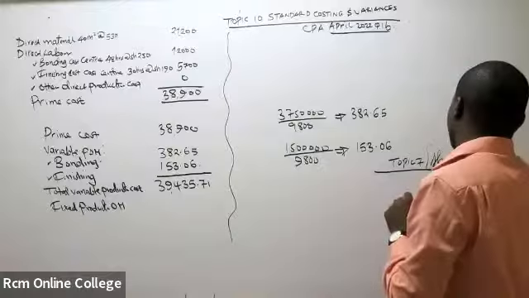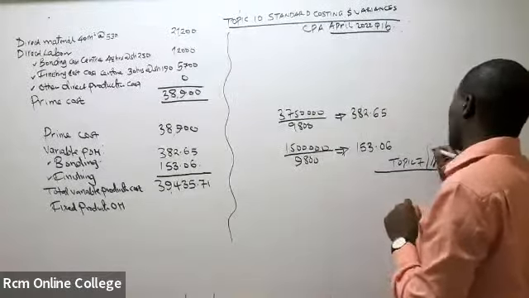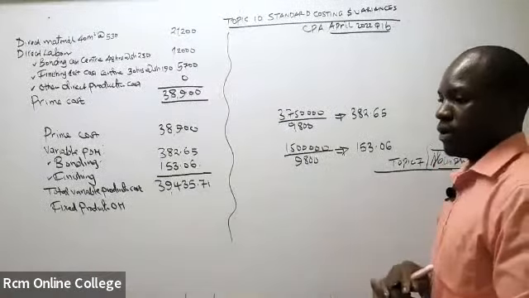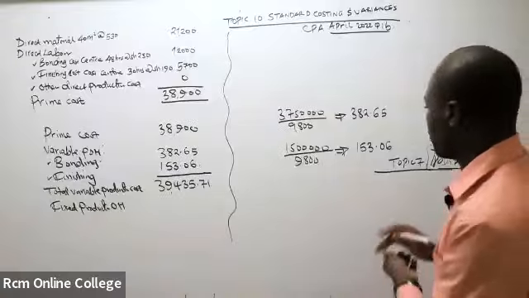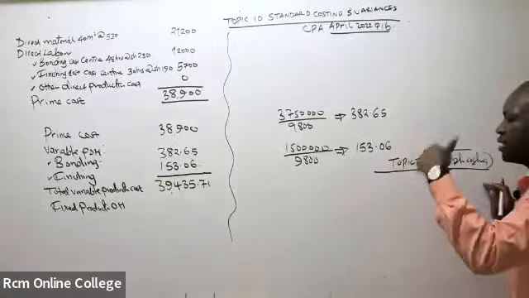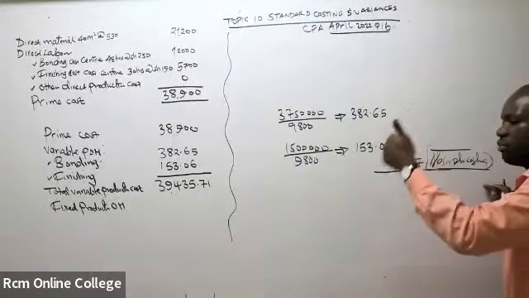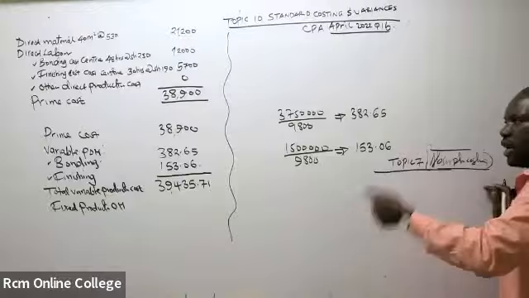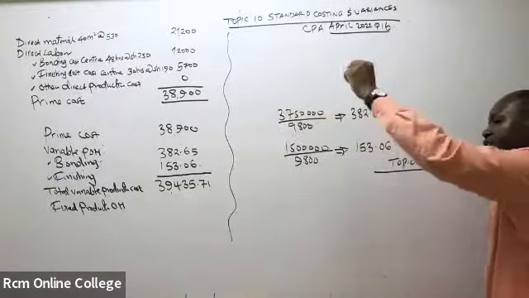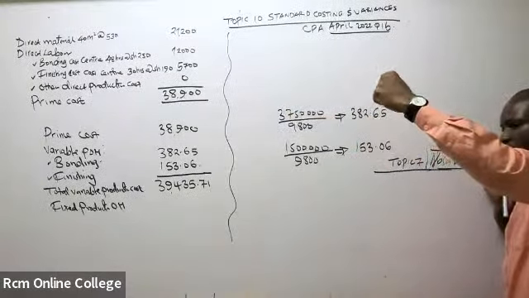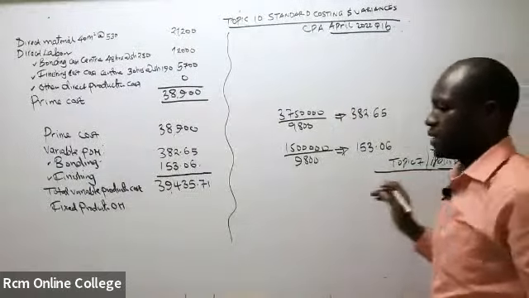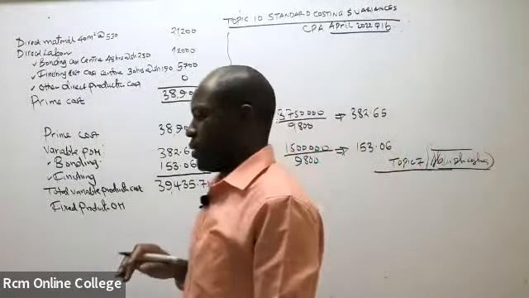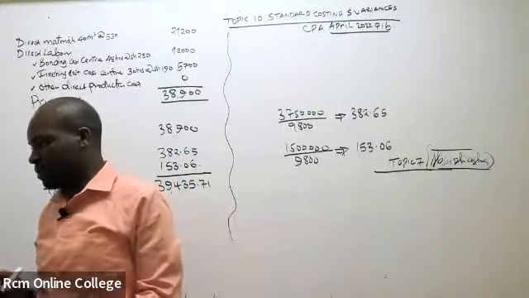With absorption costing, you're going to look at how the overheads are being absorbed into the production process. Now, what you are preparing here is per unit. Is it making sense to somebody?